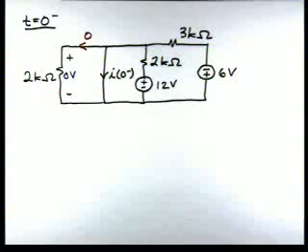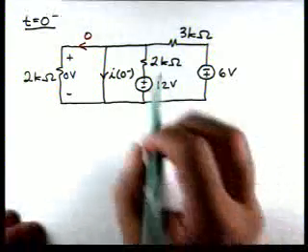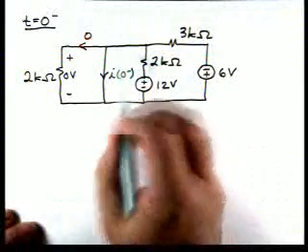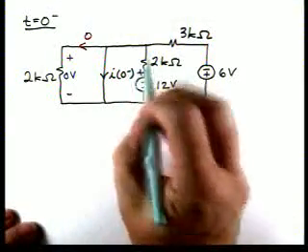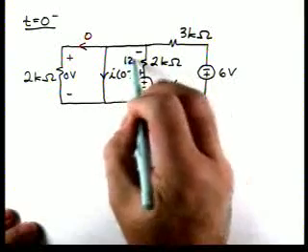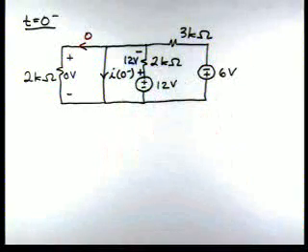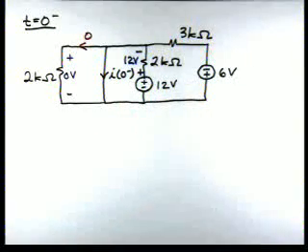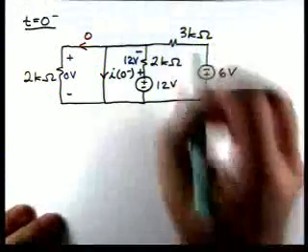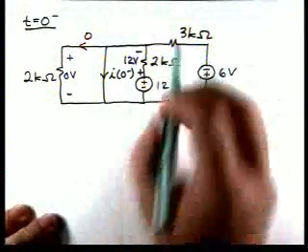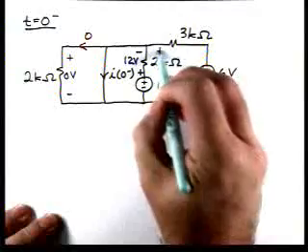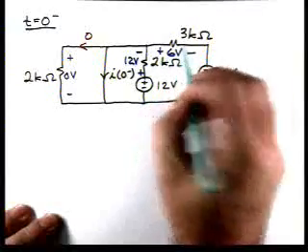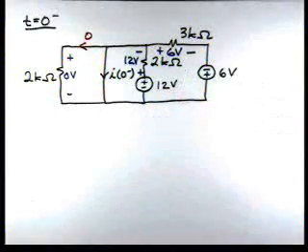And if we look at other elements in the circuit, for instance, if I apply KVL around this loop, that has to be 12 volts across that 2 kilo ohm resistor. And also, applying KVL around this loop means that there's 6 volts across that resistor.